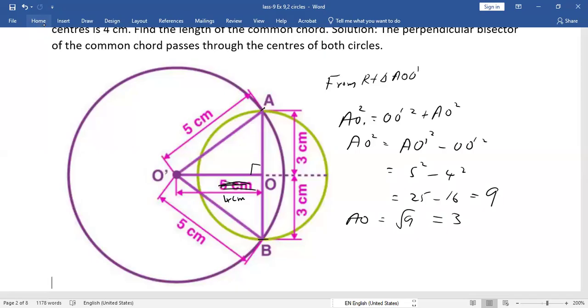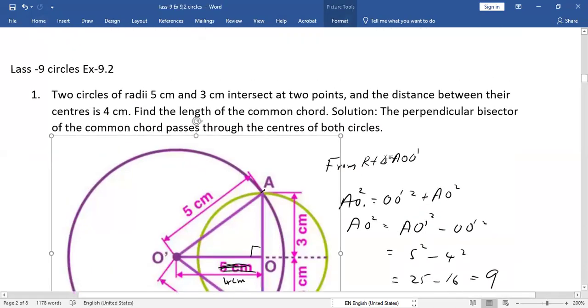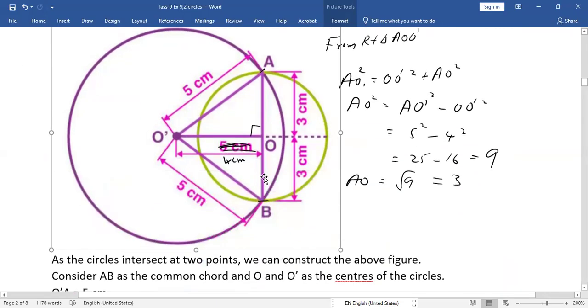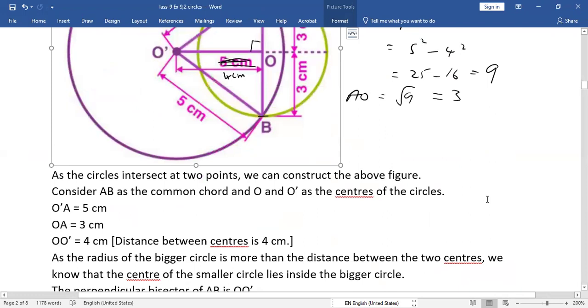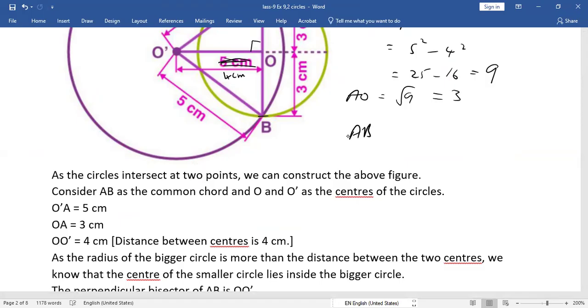What is the question? Look at the question. Find the length of the common chord. So the chord is equal to AB. You can see in the figure, AB is equal to 2 into 3, that means 6 centimeters.